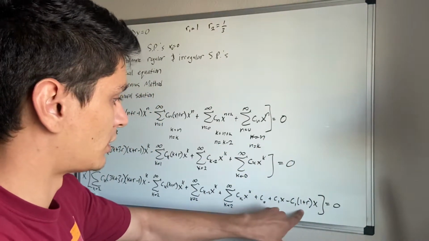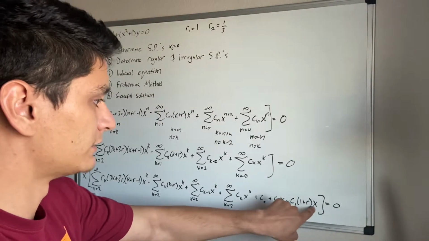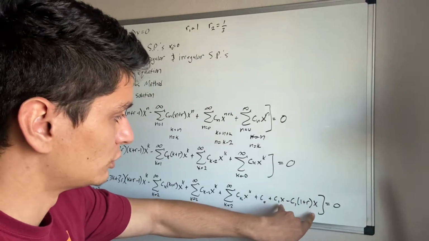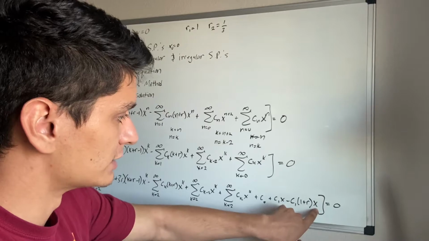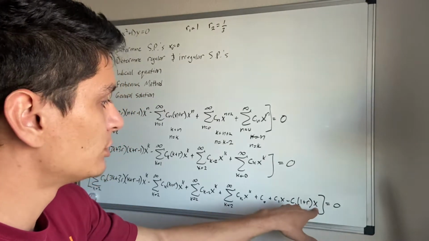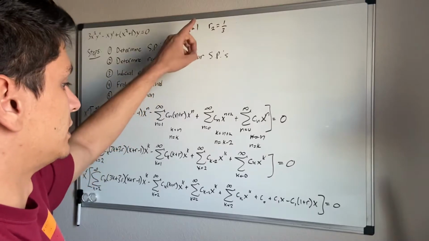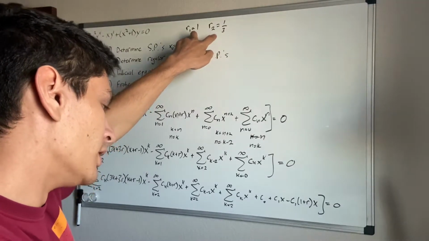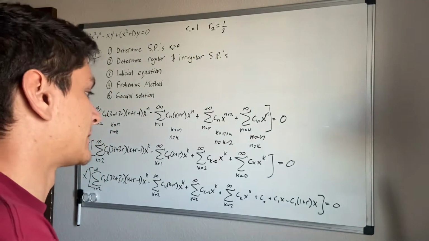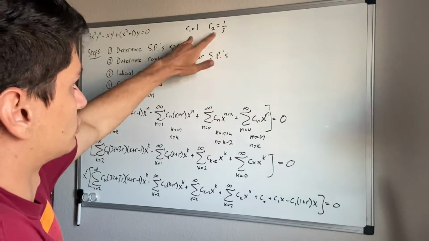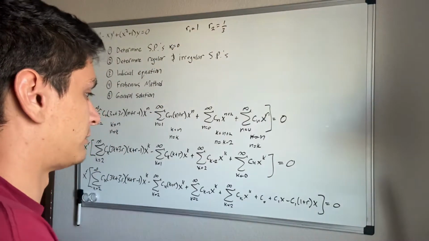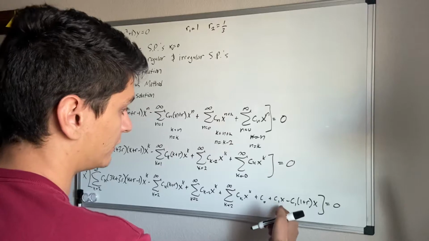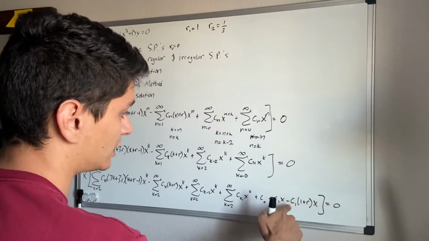This is normally the part where you would set everything that is the coefficient of the lowest power of x equal to 0, and then you would get the initial roots from there. But you don't have to now because we already have the initial roots. So as a matter of fact, you can just call C1 0 because that's what C1 is.